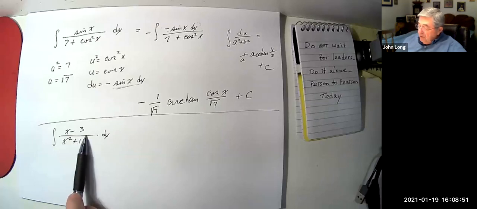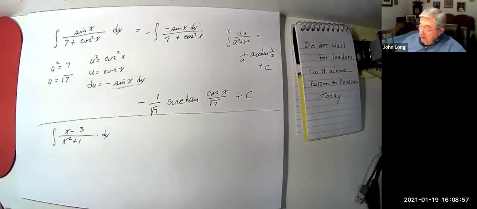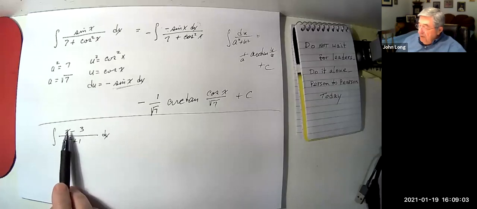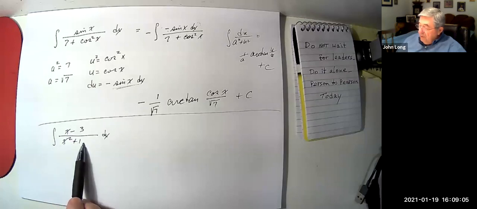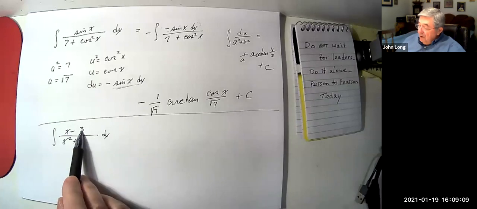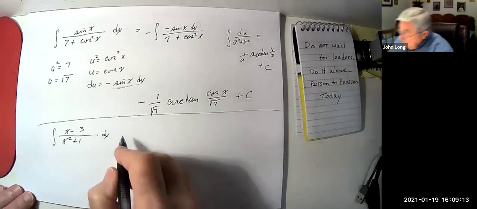And what's good about this particular problem is that x minus 3 just messes everything up. It's not going to be a du. And the trick is, just like in fractions with common denominators, you can combine the numerators. Well, when you have a combined numerator like this, you can split it apart into two fractions.